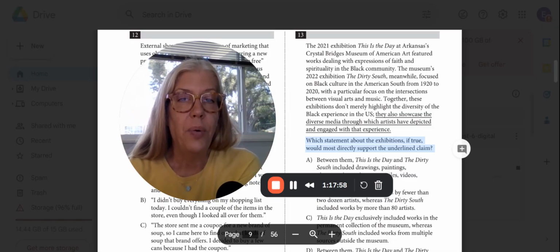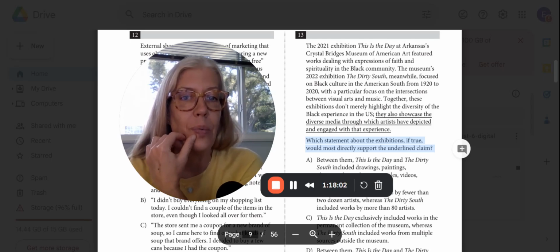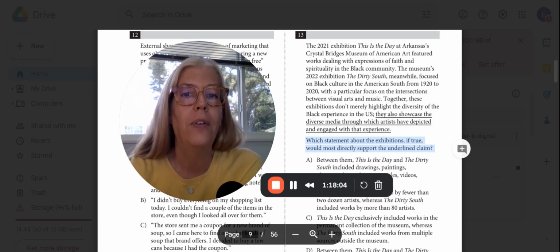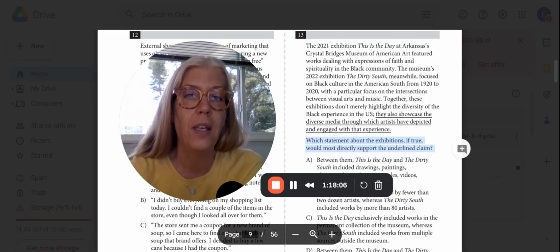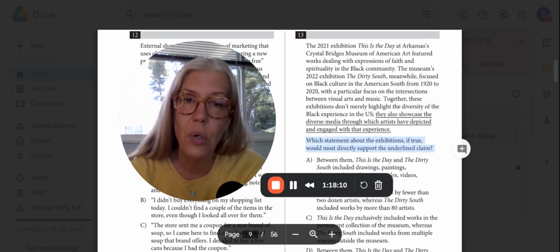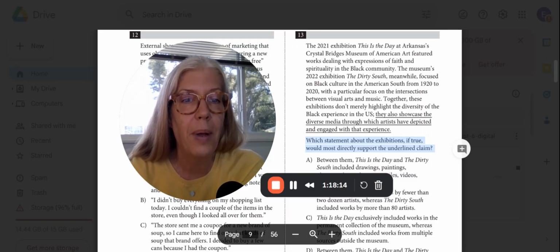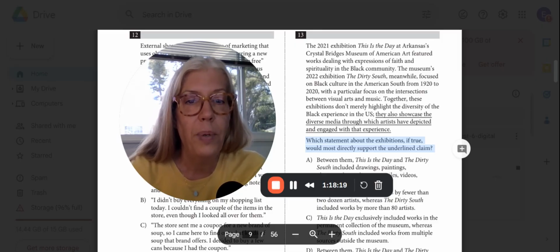In the 2021 exhibition, This Is the Day, at Arkansas's Crystal Bridge Museum of American Art, featured works dealing with expressions of faith and spirituality in the Black community. The museum's 2022 exhibition, The Dirty South, meanwhile, focuses on Black culture in the American South from 1920 to 2020, with a particular focus on the intersections between visual arts and music.